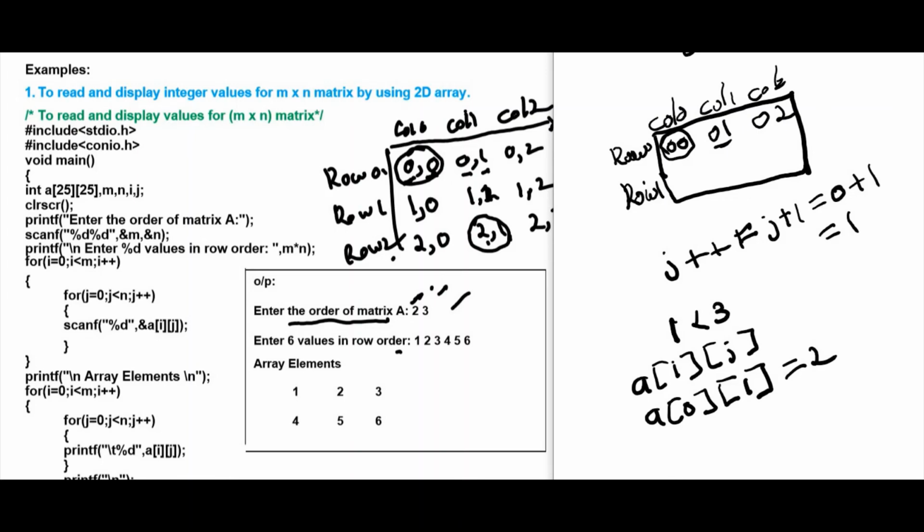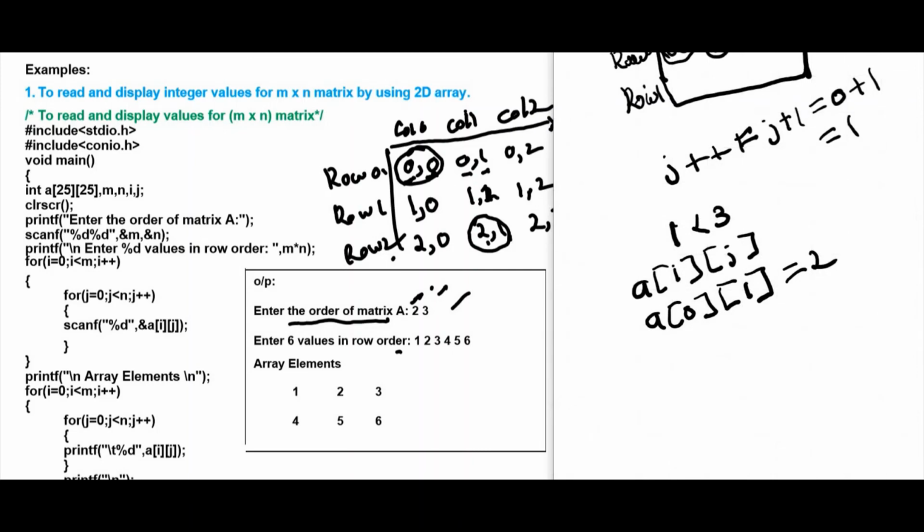So 2 will be stored at this location. Similarly, as long as the value of j is less than 3, this is being done. So for a of 0, 2, the next value will be initialized, that is 3. 3 will be stored here.